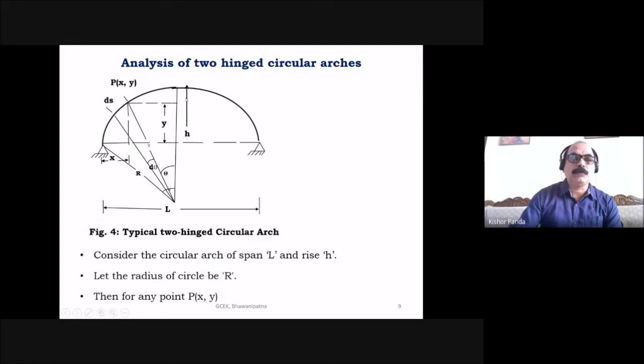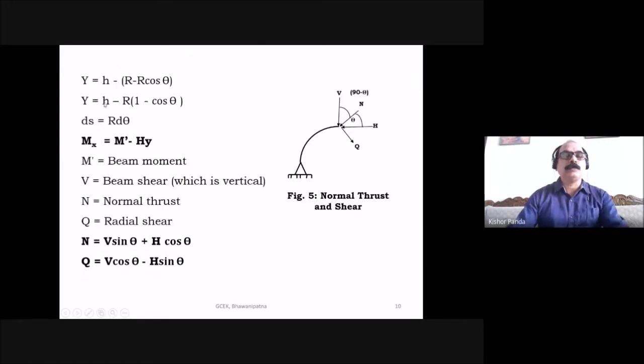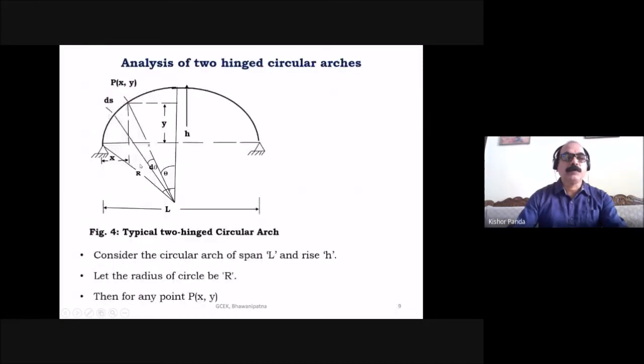So y is equal to h, the rise, minus in brackets R minus R cos theta. So y is equal to h minus R into (1 minus cos theta). Then take the differentiation of ds: ds is equal to R d theta.